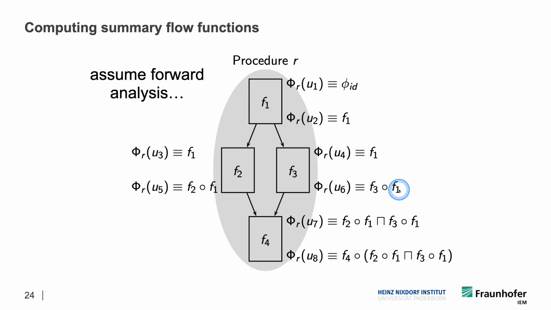That means we are not evaluating F1 and we are not evaluating F3, but we are rather constructing an expression that tells us that whenever we want to apply that particular summary function, we need to actually compute F1 followed by F3. So here we are storing this function composition.